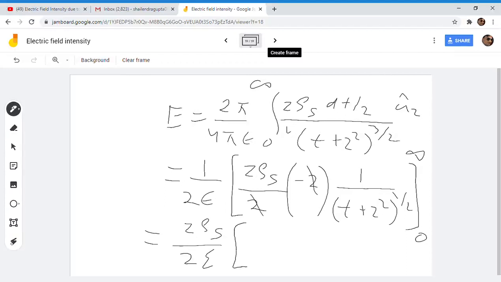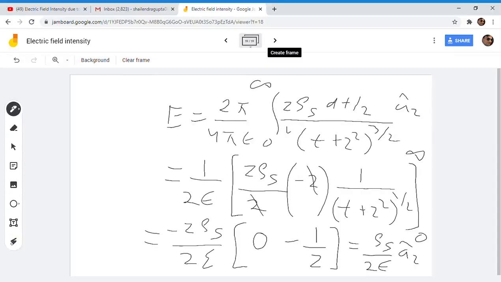When we put t as infinity, the minus sign comes out and this becomes 0, and when we take t equal to 0, this becomes 1 by z. So ultimately you will get rho s upon 2 epsilon, and in which direction? Az direction.